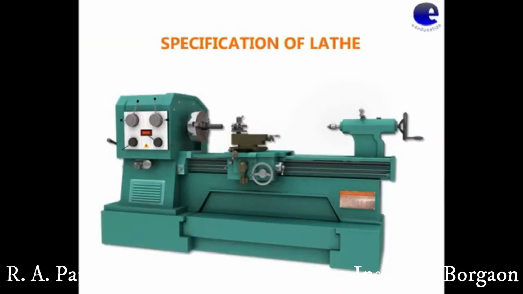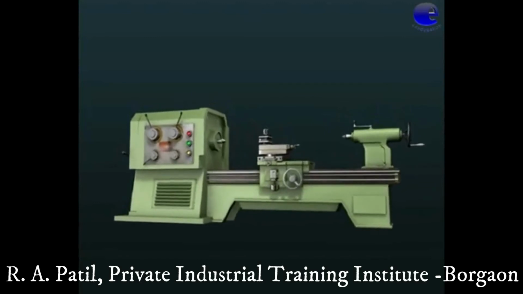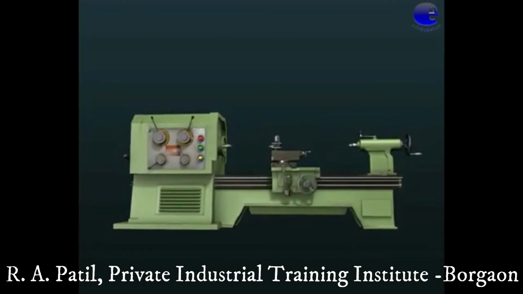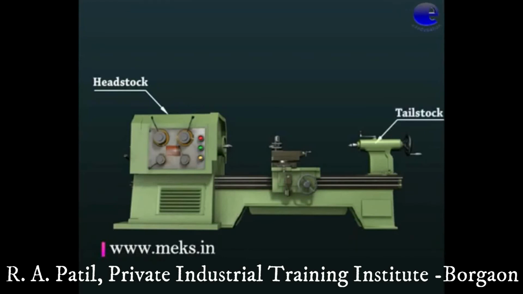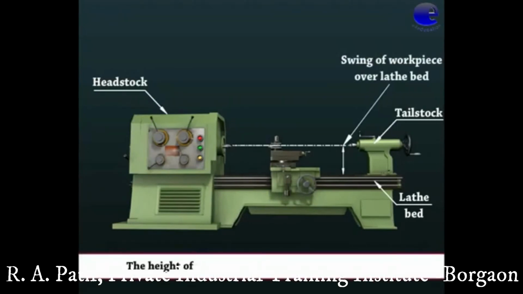Specification of lathe. In this video, we will discuss the specification of lathe. The specification of a lathe is described in the following ways: headstock, tailstock, lathe bed, swing of workpiece over lathe bed, the height of the centers measured over the lathe bed.